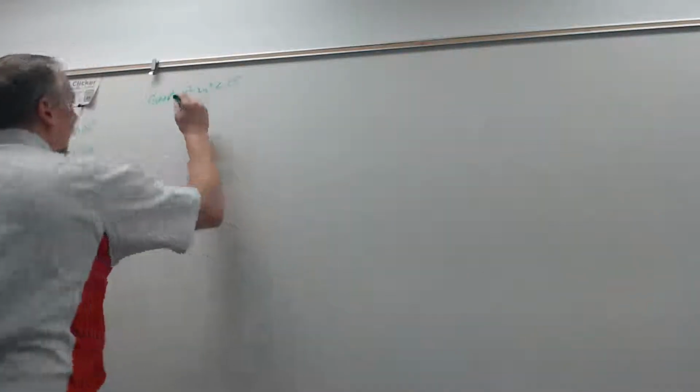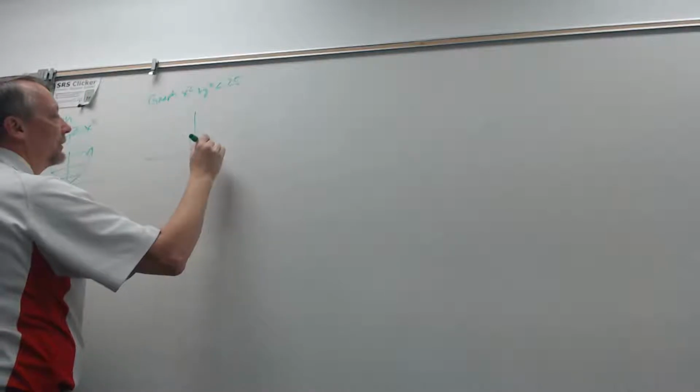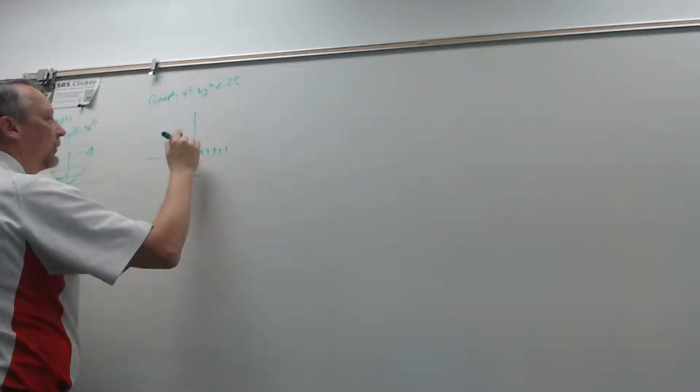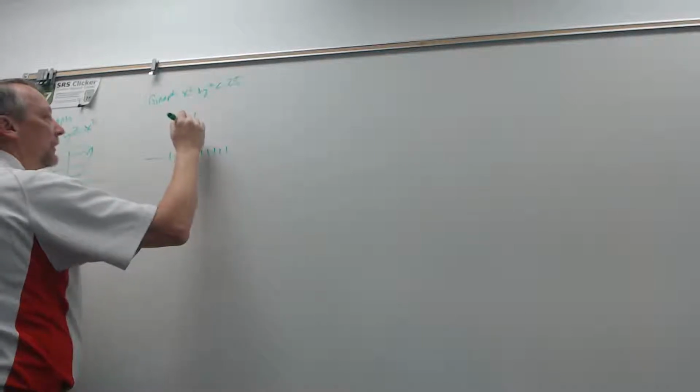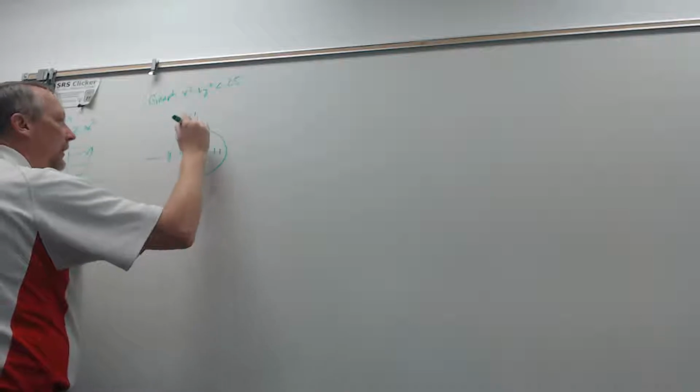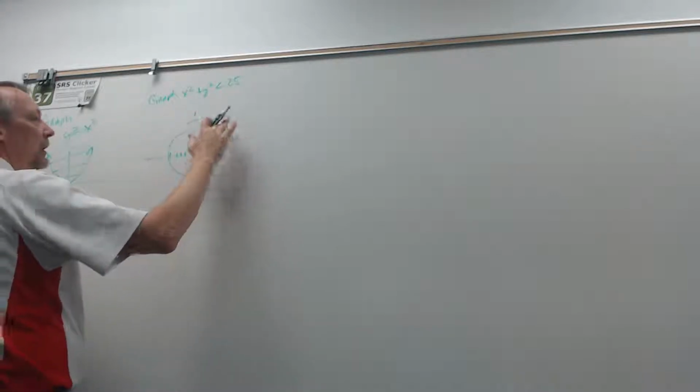A circle with a radius of 5. Do I need to worry about dashing it? Yes. Okay, so it's a dashed circle.